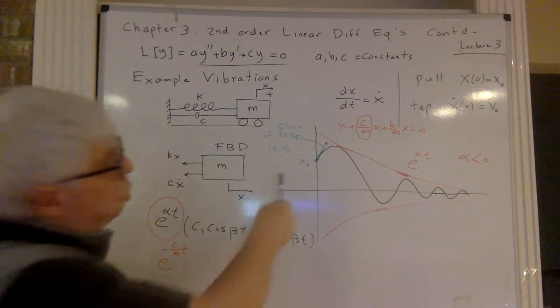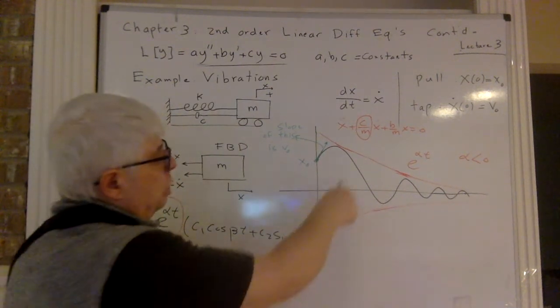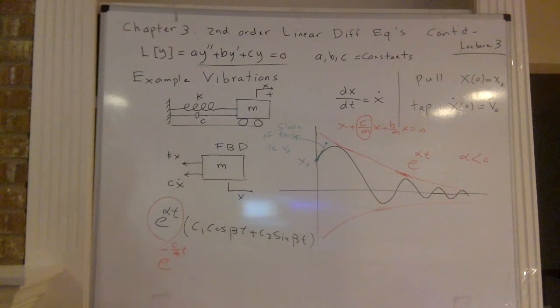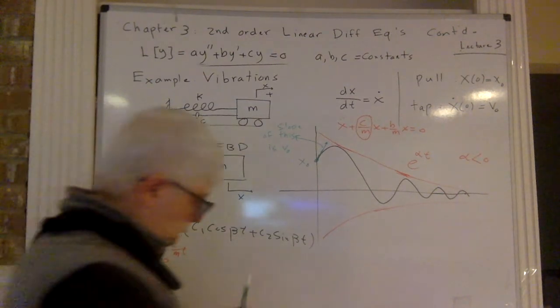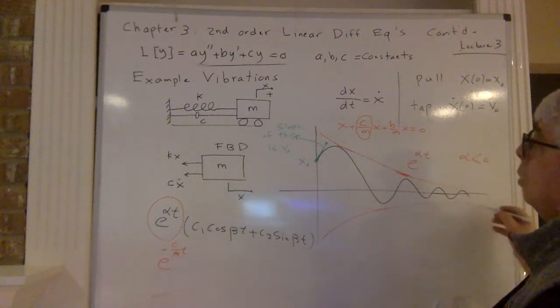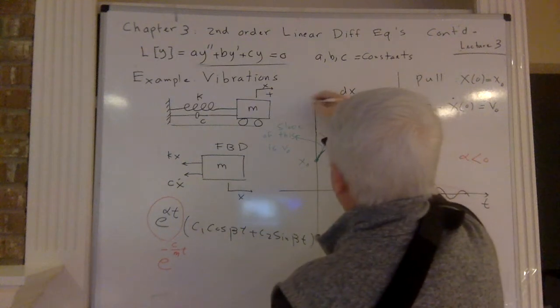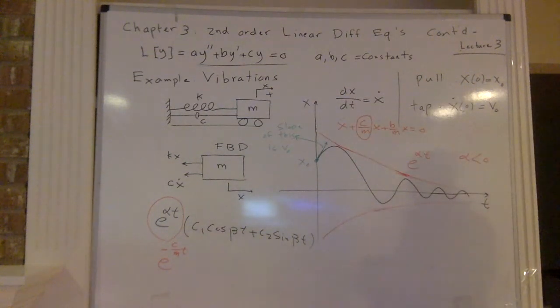If this is pulling, say this is pushing. If you push it, then it goes like this. So anyway, physically, those two, x0 and x dot 0, are the initial position, which is x0, and the initial speed. Now, this is the t-axis, and this is the x-axis in this situation. Okay, so that is the interpretation in a physical sense for this mechanics problem, mechanical vibrations.